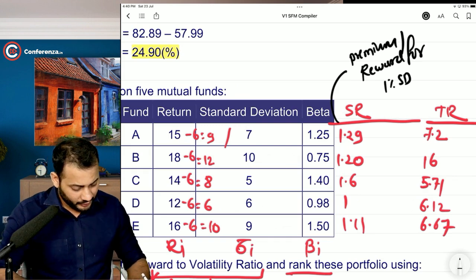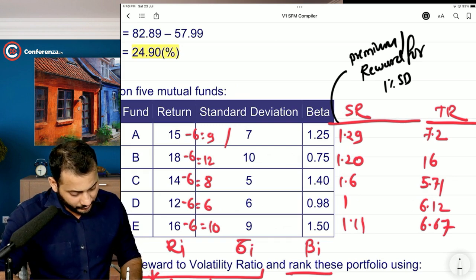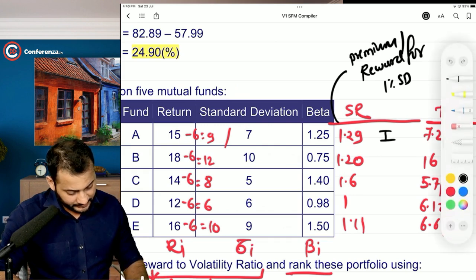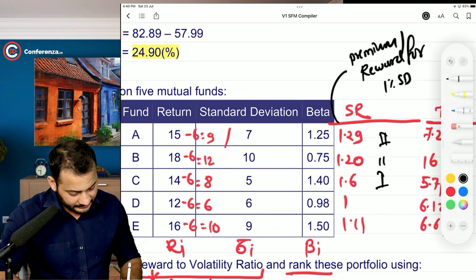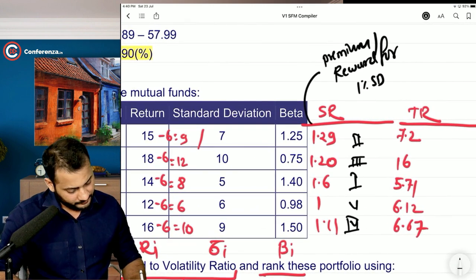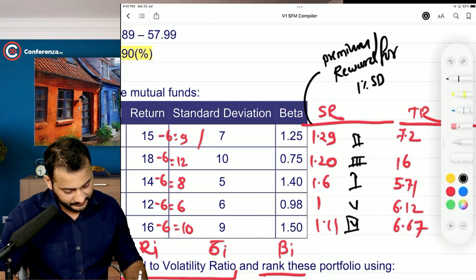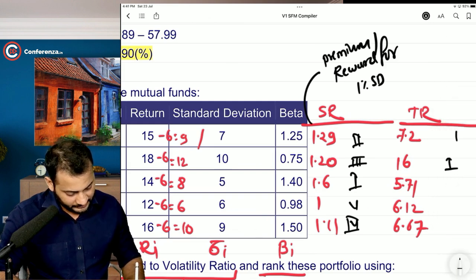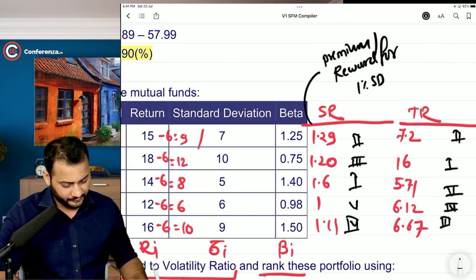So if we go for ranking, we are going to rank this first, sorry, 1.6 is first, then second, third, fourth, and fifth.